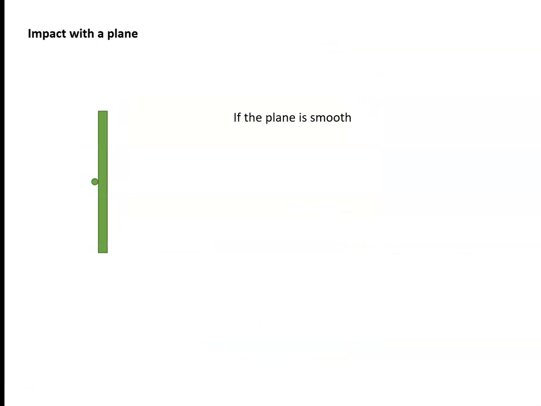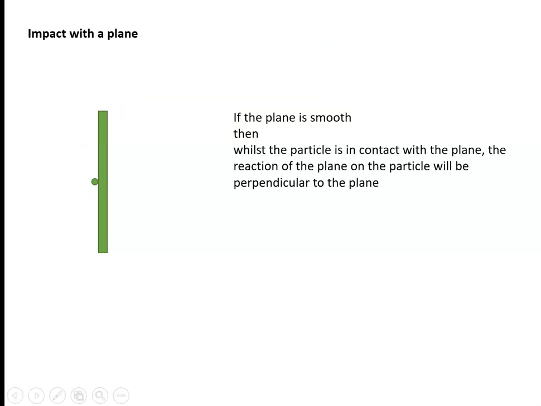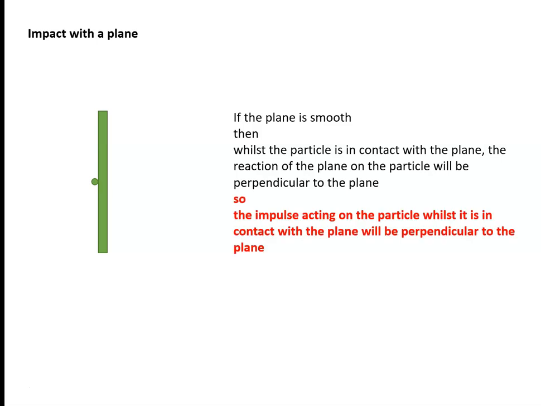Now if we know that the plane is smooth, then whilst the particle is in contact with the plane, the reaction of the plane on the particle will be perpendicular to the plane, which means that the impulse acting on the particle whilst it's in collision with the plane will be perpendicular to the plane.